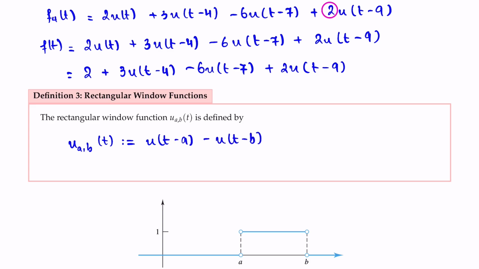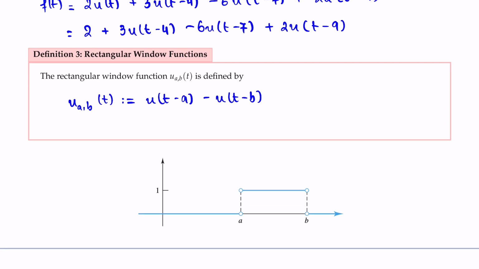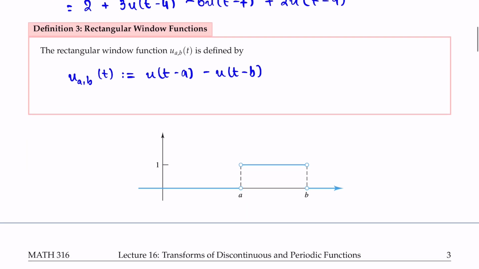That is how it's defined based on the two shifted unit step functions. So this is the rectangular window function.